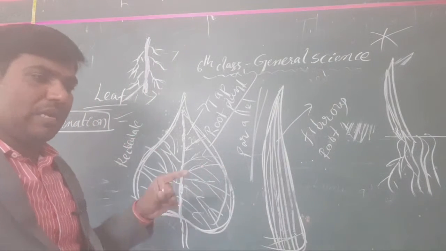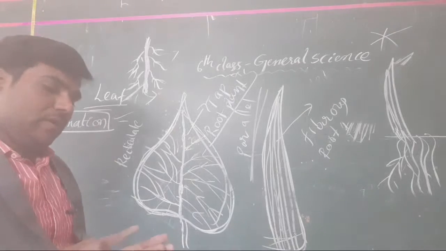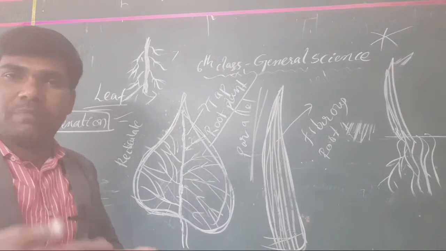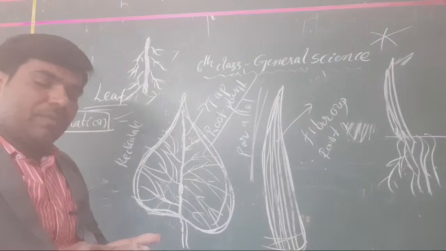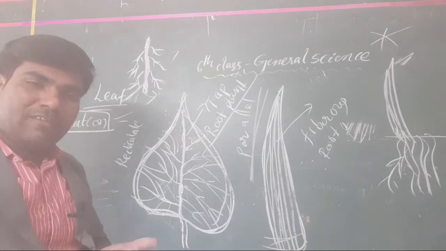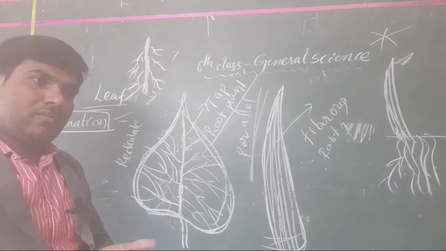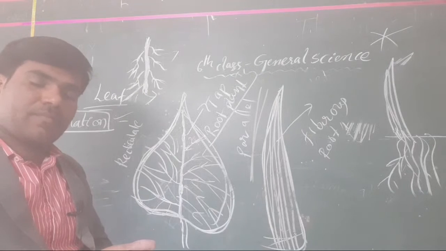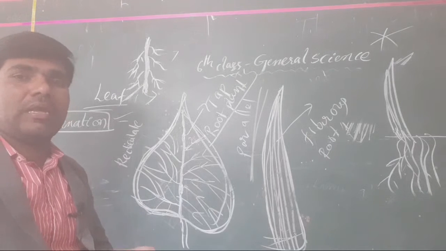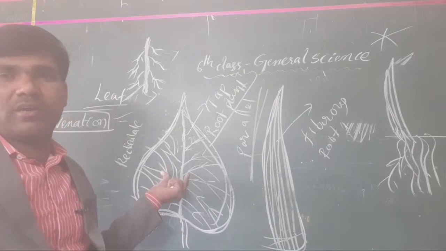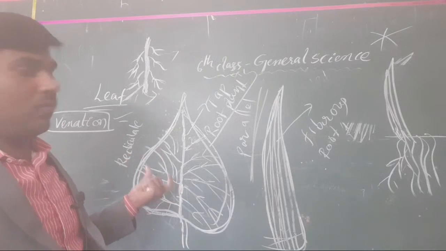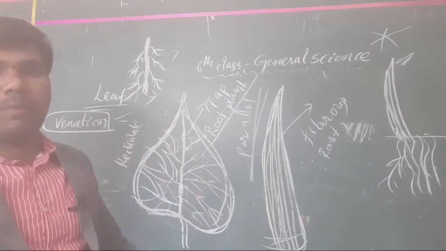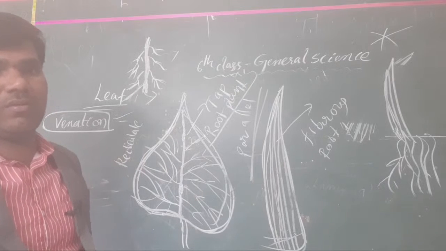You place it below the paper. Then you take a pencil and scratch the pencil on the paper. Now you'll get this type of structure. From that you can see what is reticulate and what is parallel venation.